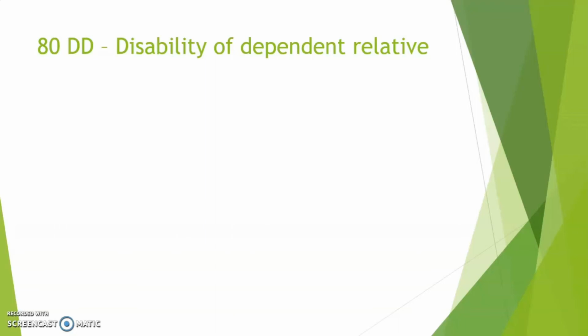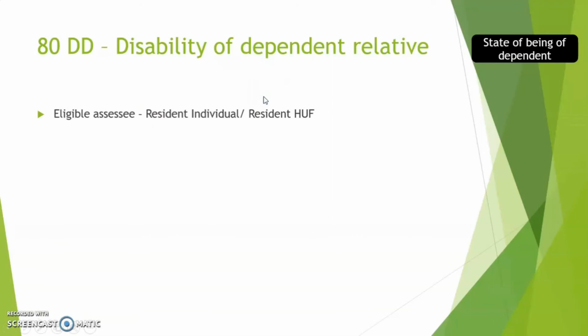I taught you in first video, right? Deductions are available for certain payments, certain incomes and certain state of being. So this is for a certain state of being, a disabled state of being for a dependent. Alright, for whom the individual incurs certain payments. Now let's see what this deduction tells us. So eligible assessee, resident individual, resident HUF.